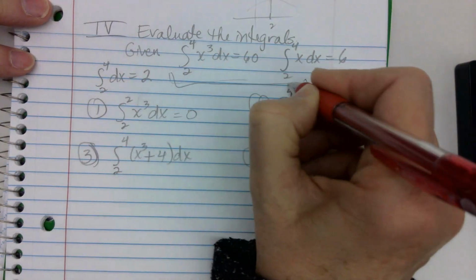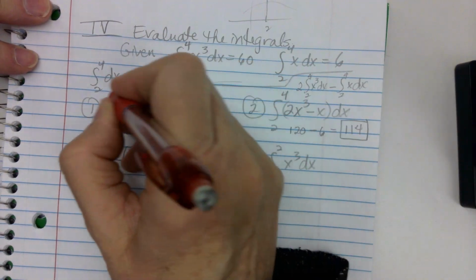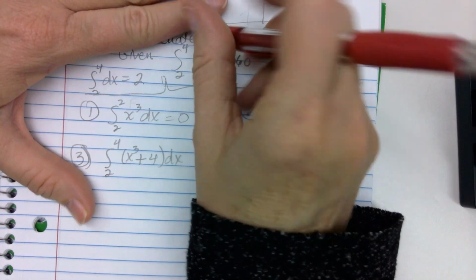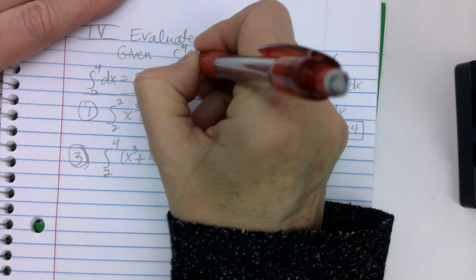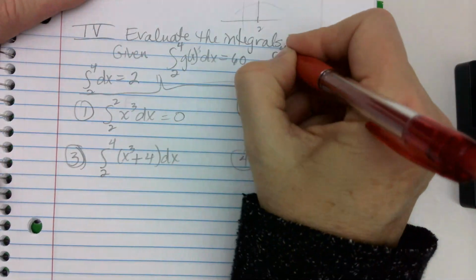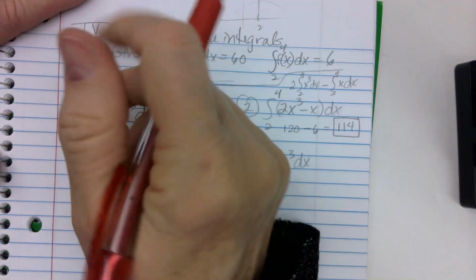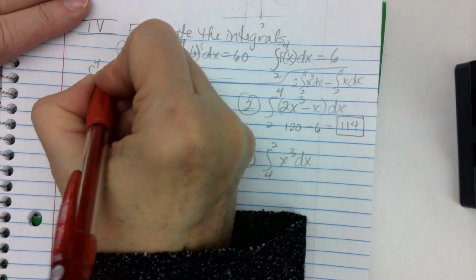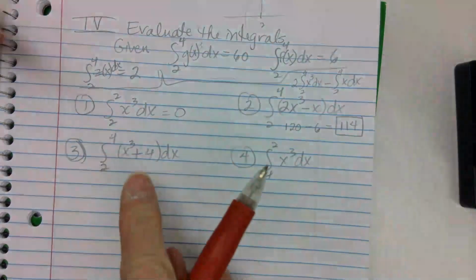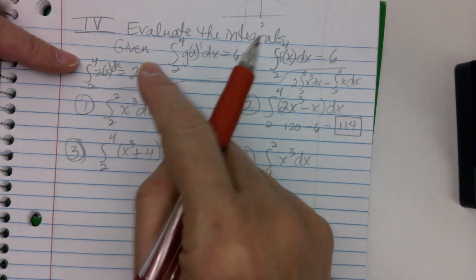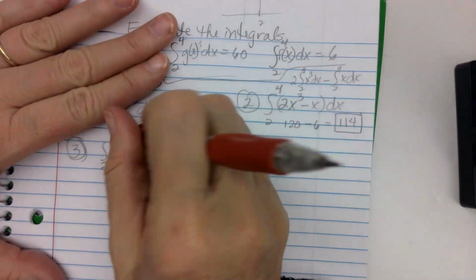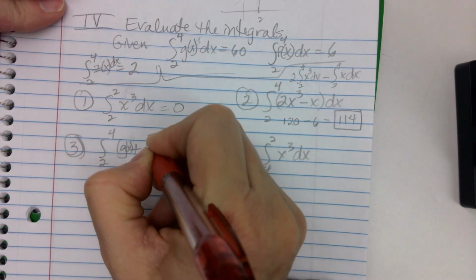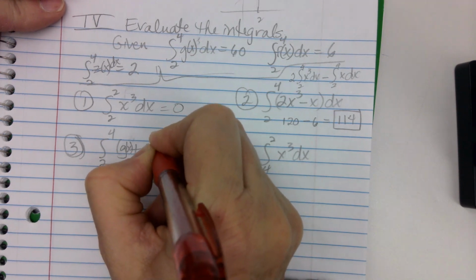Guys, I haven't actually seen a problem like this on the AP exam. What I've seen is g of x here, f of x here, and z of x. I'm just making it up. So this one would be g of x plus 4 times z of x, correct?